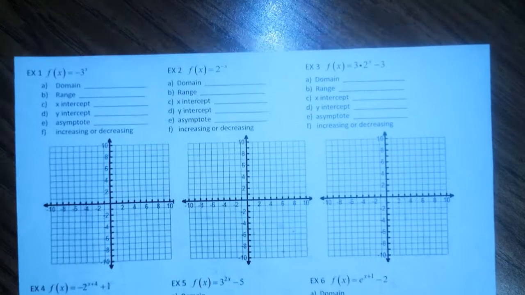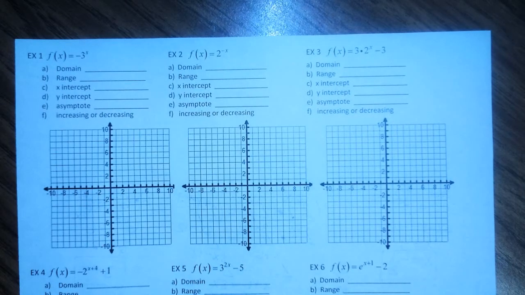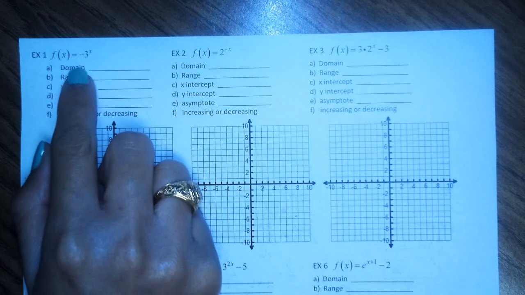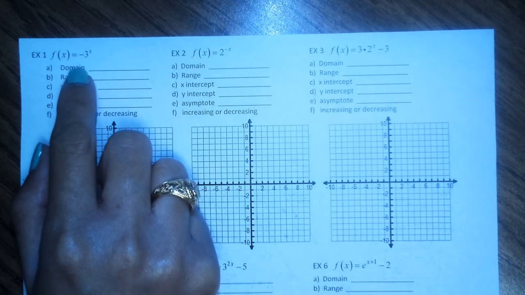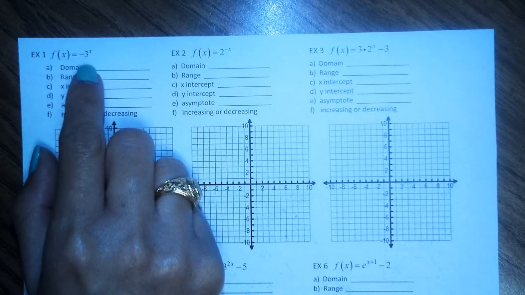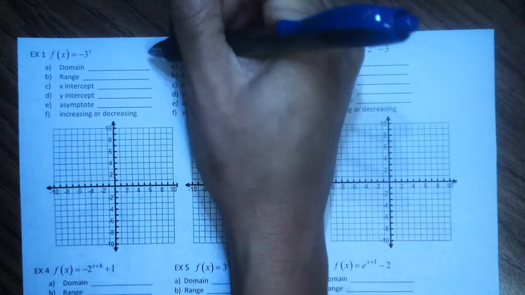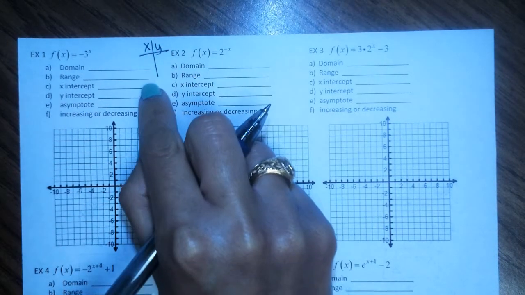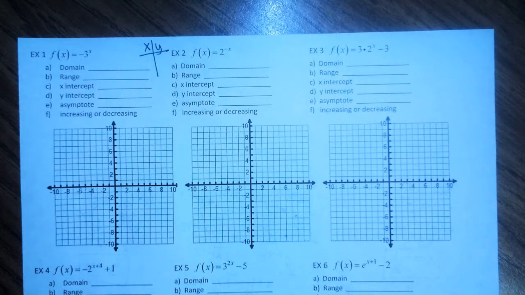Example 1. We're going to graph y equals negative 3 to the x. There are 2 ways to graph this. Number 1, you can make your own table of values and pick your own x's so that you can graph this.